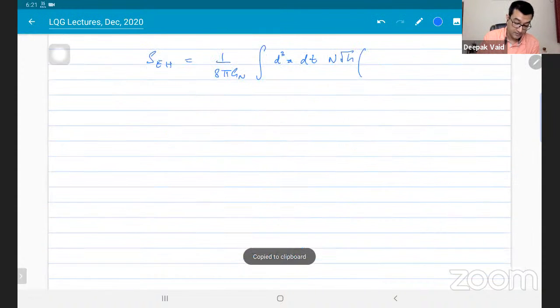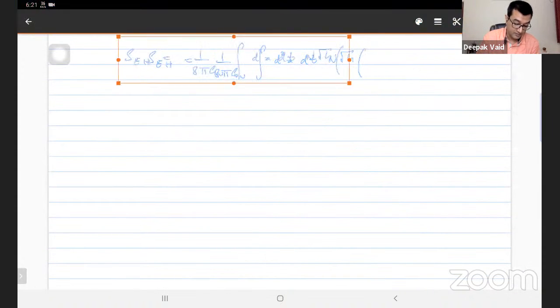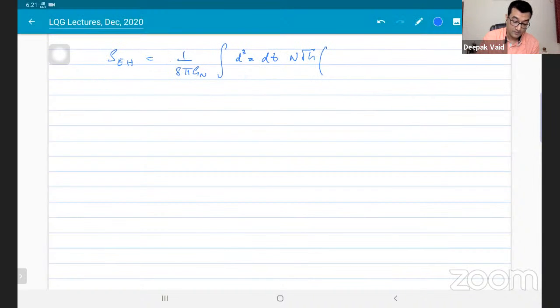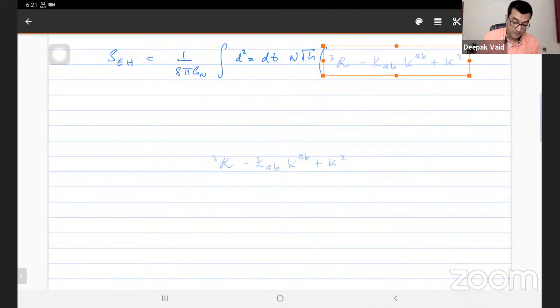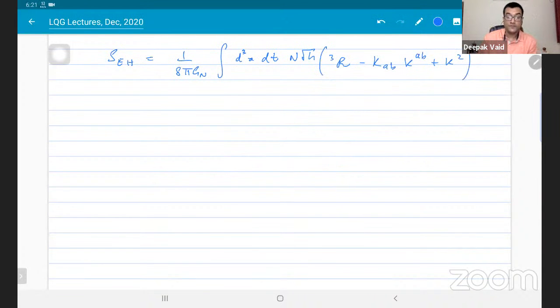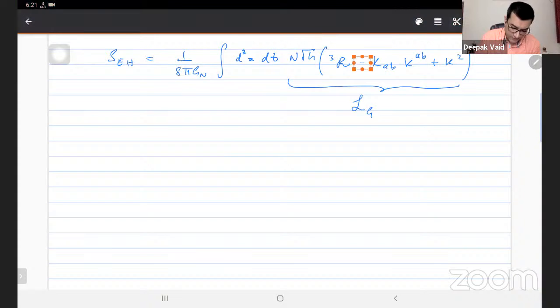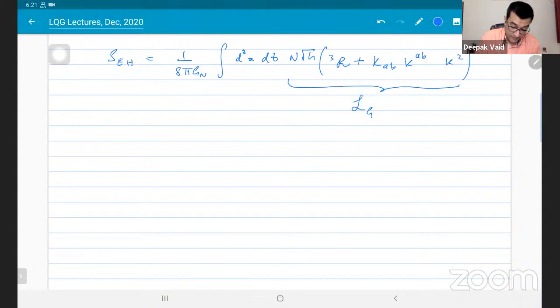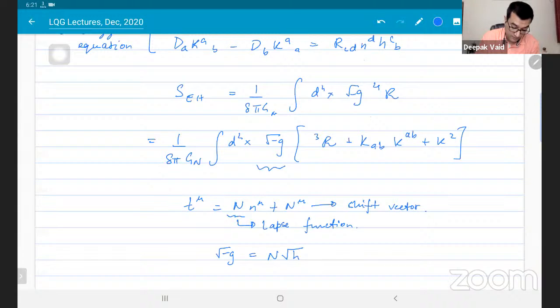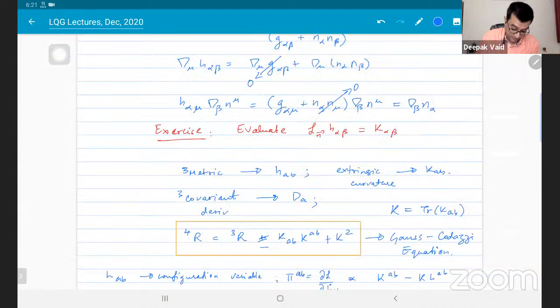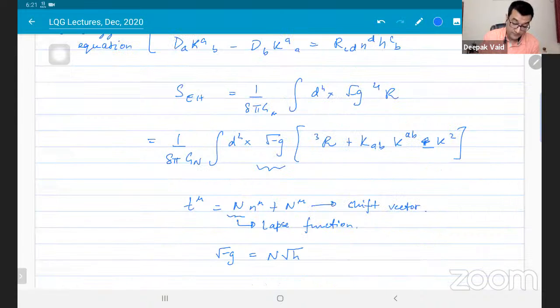And this quantity is our Lagrangian density now. And again, I don't know where these sign errors are coming from. Maybe it's in Wald, maybe it's in something else. I don't know. So I apologize for this.